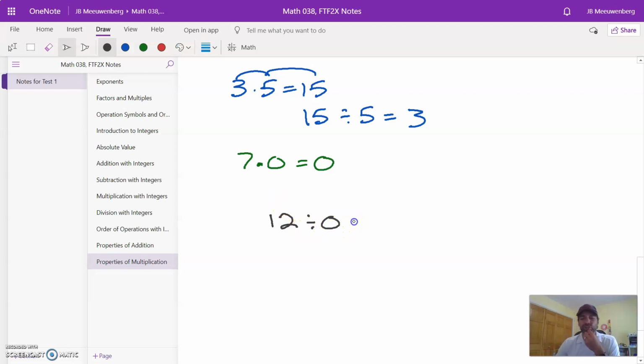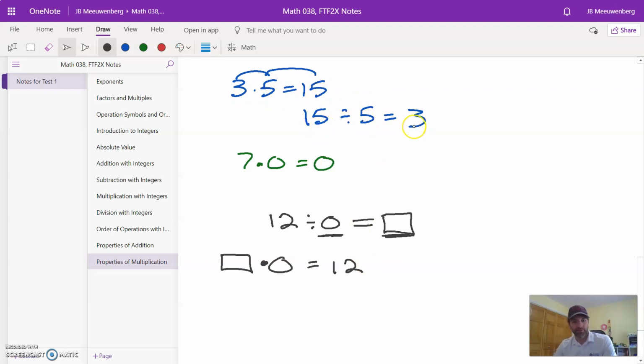Well, if I'm trying to do 12 divided by 0, and that gives me some answer, what that means is that I had some sort of original answer that when I multiplied it by 0, it gave me 12, right? It's sort of working backwards, right? Remember 3 times 5 equals 15. So 15 divided by 5 must be 3.